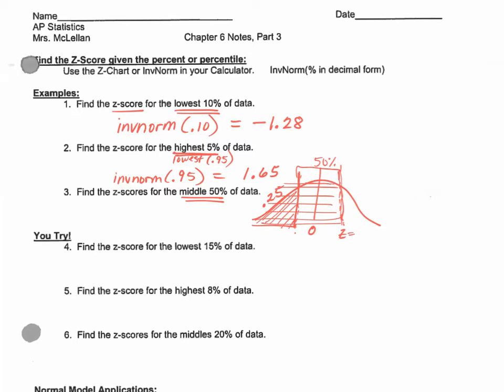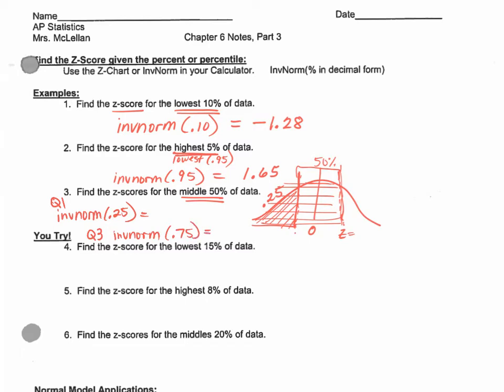So we have 2 z-scores on this. We'll have inverse norm of the bottom 25%. That'll end up giving us the value of Q1, which we'll talk about tomorrow. And then the top one will give us the Q3, which is going to be the inverse norm of the bottom 75%.